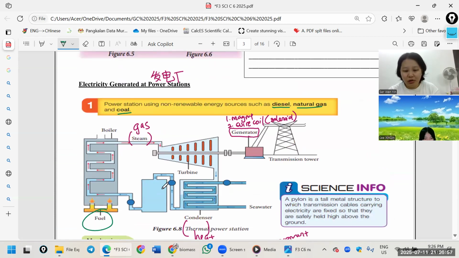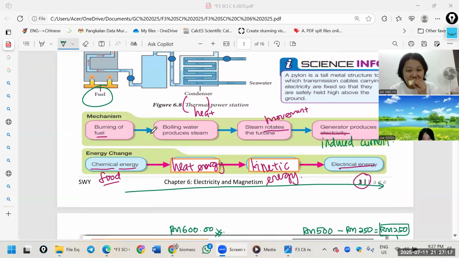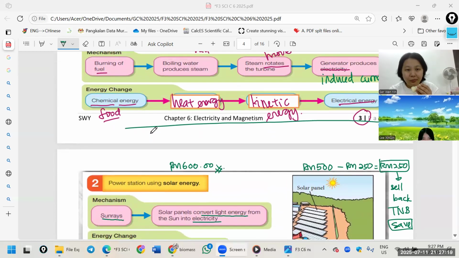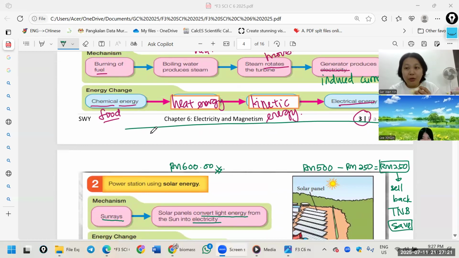Right, this one is short, so you need to tell two.